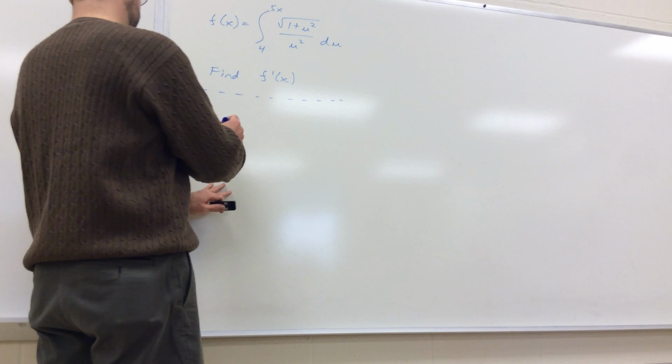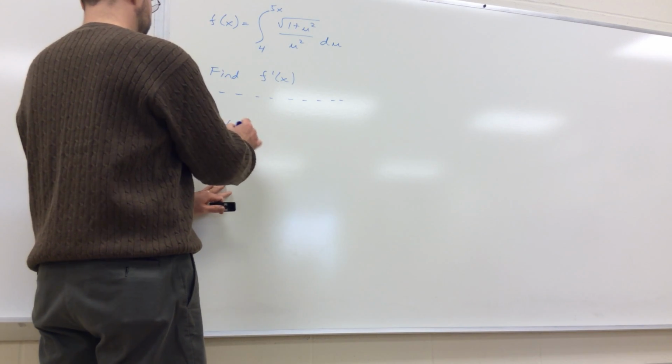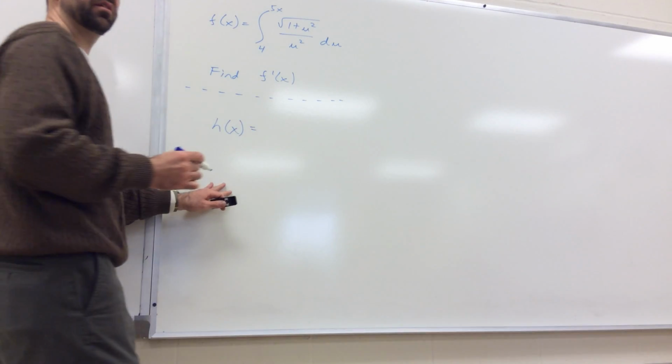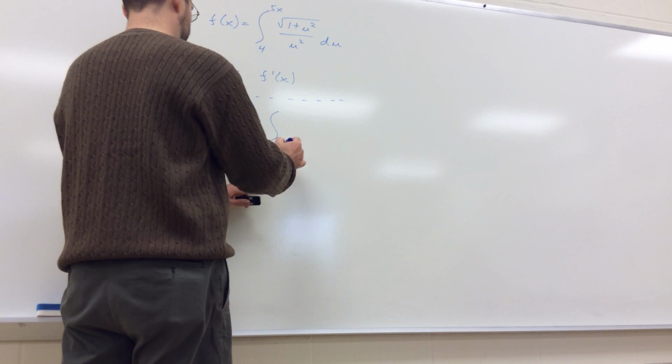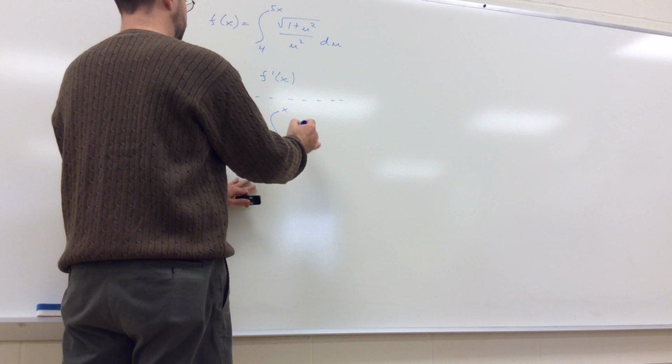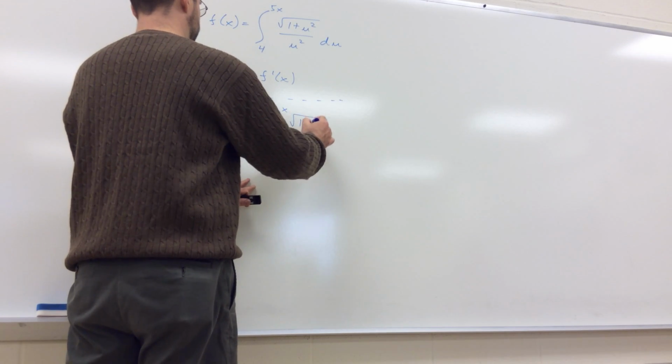Okay, so what I'm going to do is I'm going to make a new function called h of x. And it's going to be the integral from 4 to x underneath this.